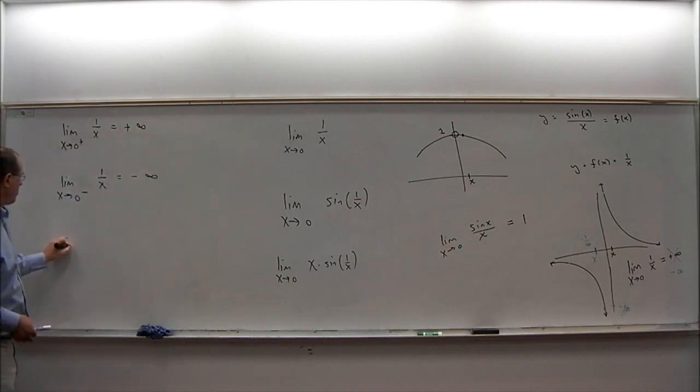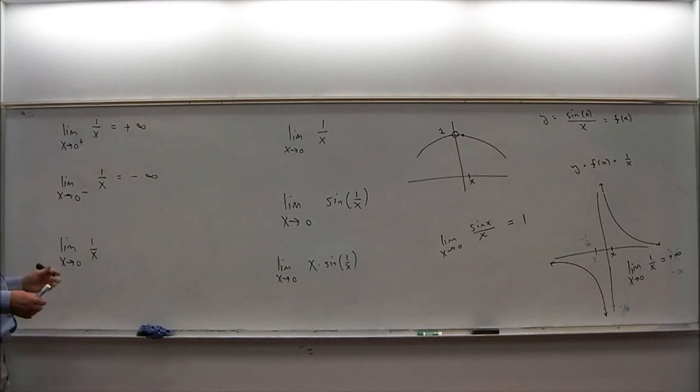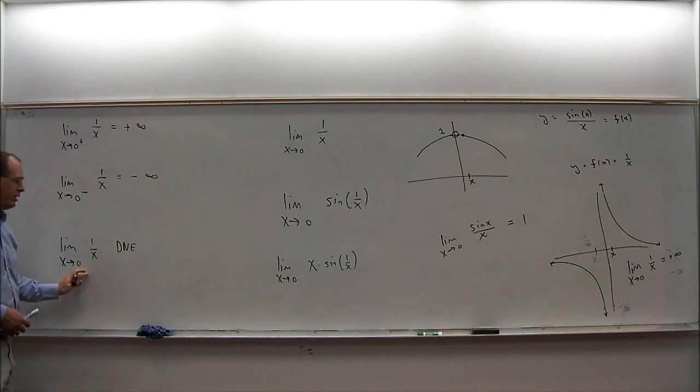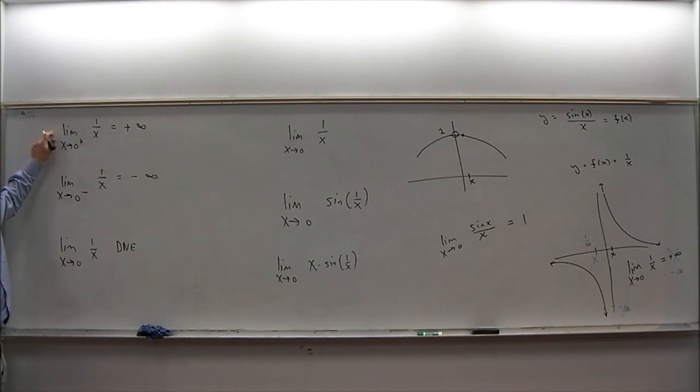So if someone says, what is the limit as x approaches 0 of 1 over x, you would have to say, well, technically this limit does not exist because it depends on the direction. If you say x is approaching 0, there are two possible directions of approach, from the left and from the right. So this one is called a two-sided limit.